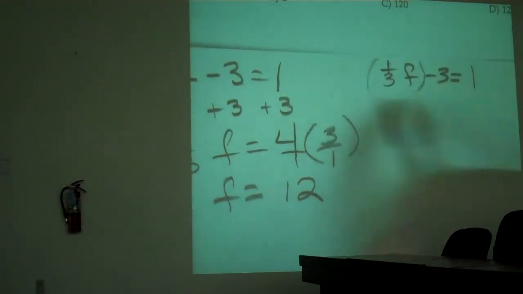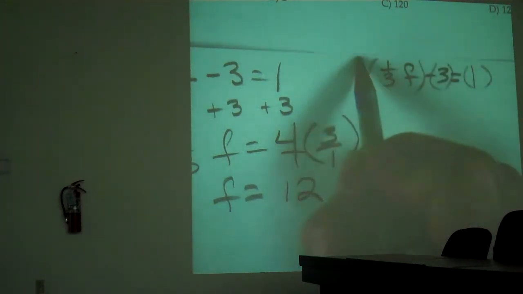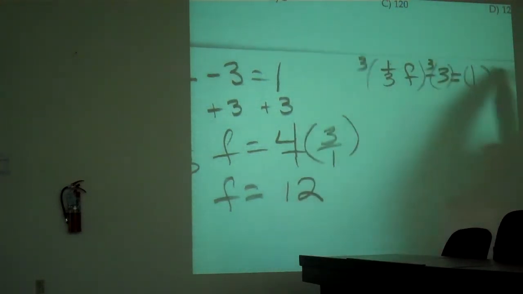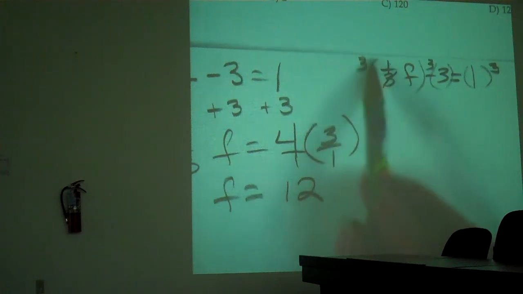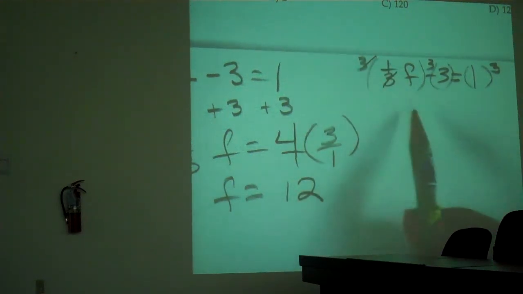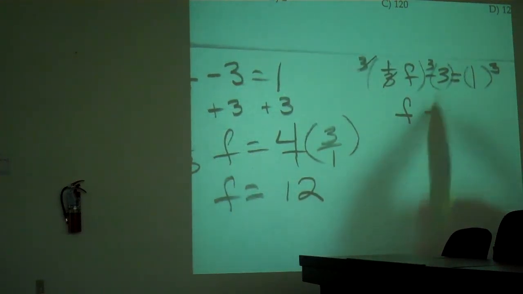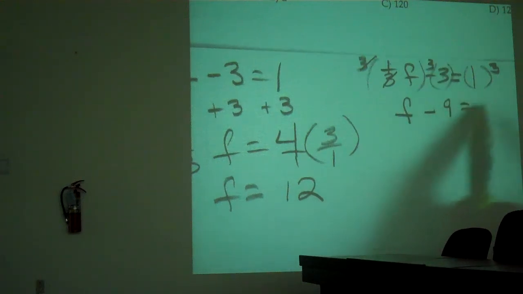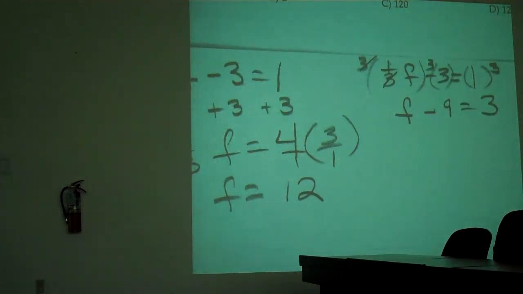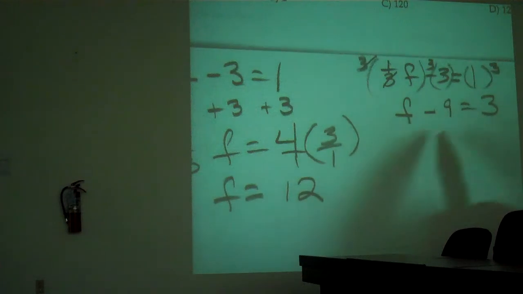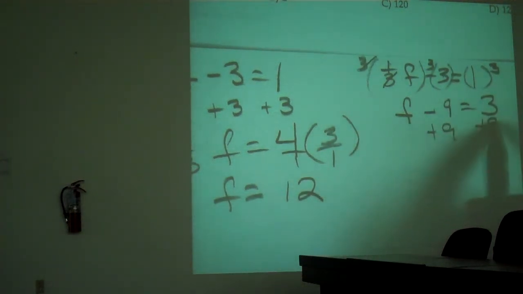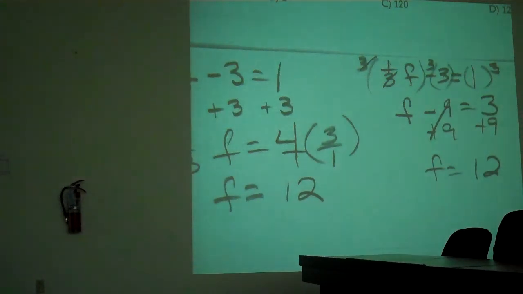Okay, we could have done everything times 3. The only thing that cancels is this first one. That ends up with f minus 9 equals 3. And then you would have added 9 to both sides. Either way, you're going to come out with 12.